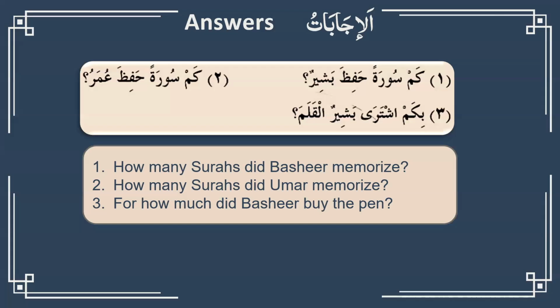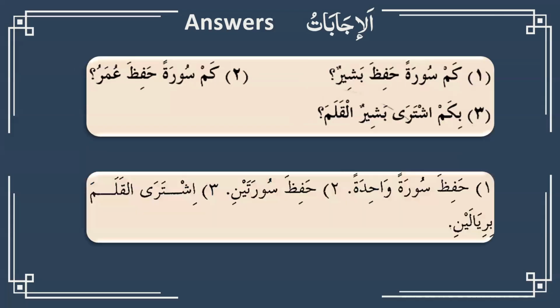He bought the pen for 2 riyals. Ishtara al-qalama riyalain. And here's the answer for everything you just did.